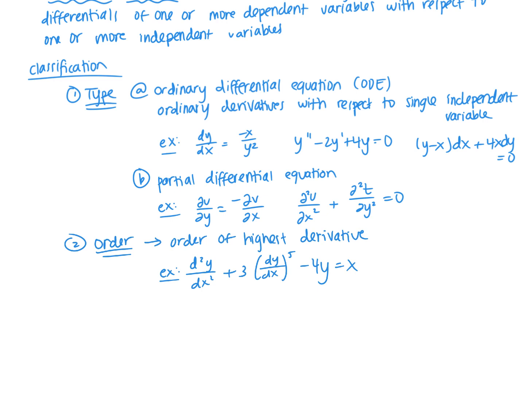We have two derivatives going on here. This first derivative is a second order derivative. This middle one is to the 5th power, but it has an order of 1, which tells us that this equation is a second order ordinary differential equation. I didn't ask you for that, but there it is. Second order because the highest derivative is the second derivative.